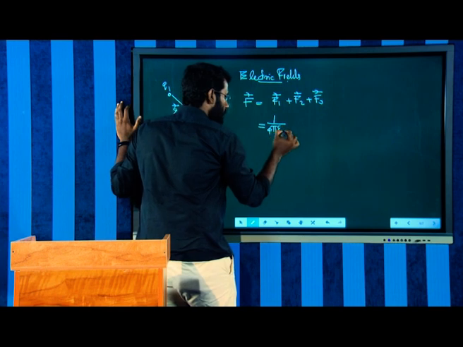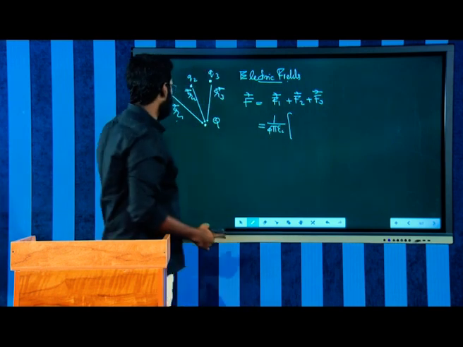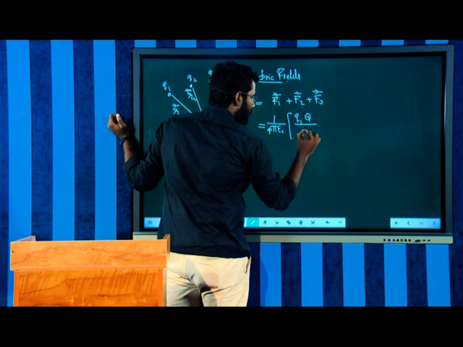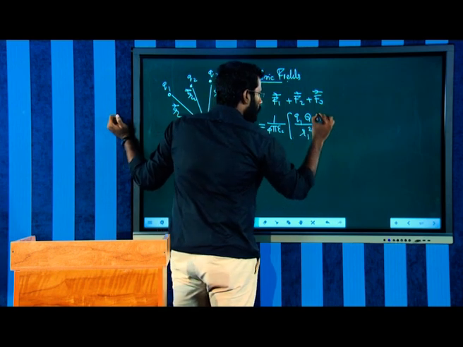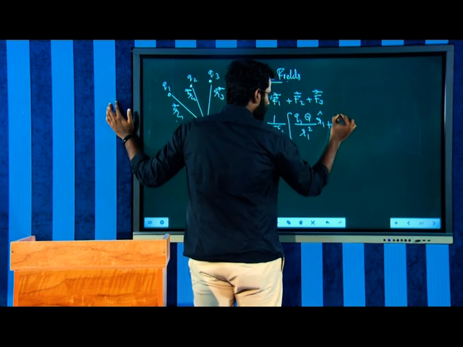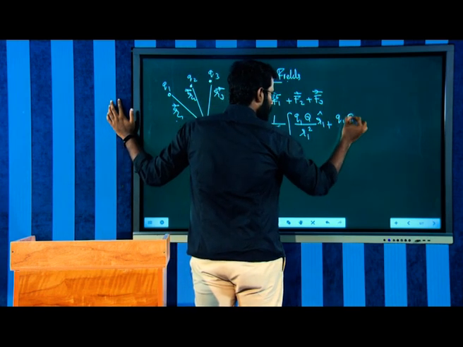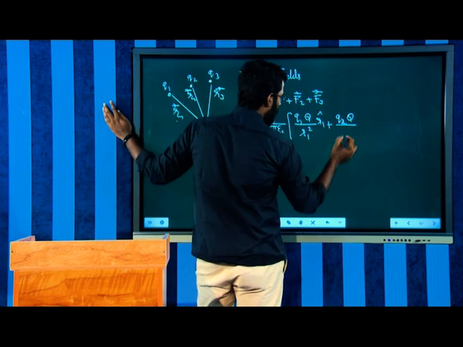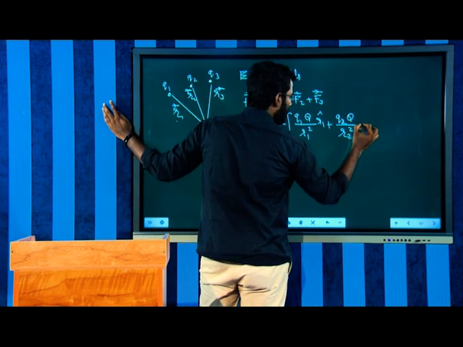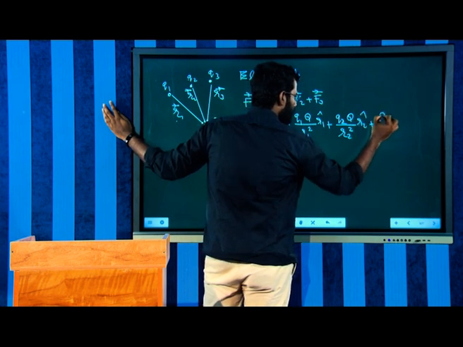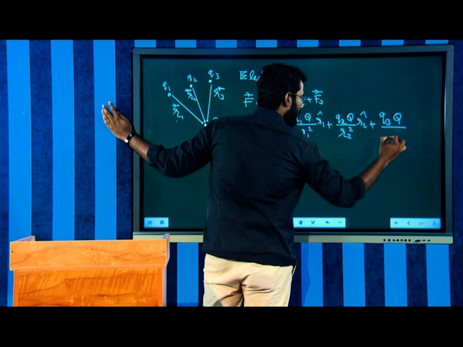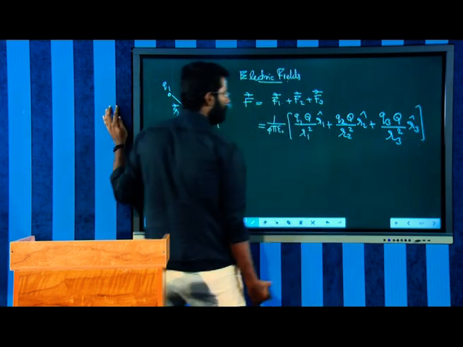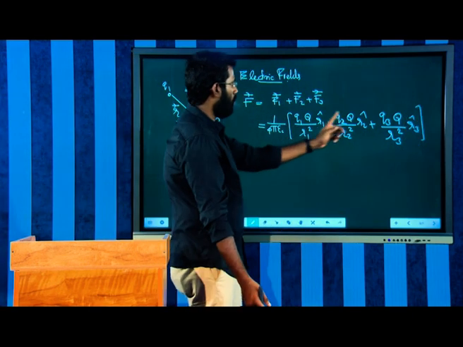So 1 by 4 pi epsilon 0, then the remaining for the first force is Q1 into Q divided by R1 square into R1 cap, plus the second one, Q2 into Q divided by R2 square into R2 cap, plus Q3 into Q divided by R3 square into R3 cap. Now let us take Q as common outside.